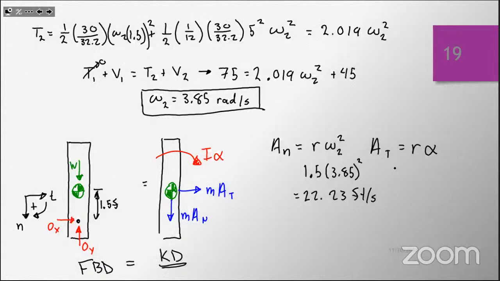Well, luckily for us, the sum of the forces in the tangential direction is the same as x, and normal is basically the same as y. So let's sum the forces in the y direction. This is going to tell me that Oy minus the weight, which is 30, is equal to the mass times the acceleration normal.